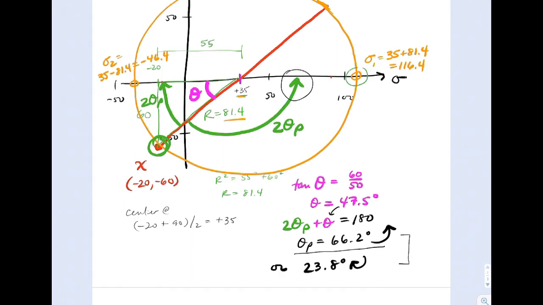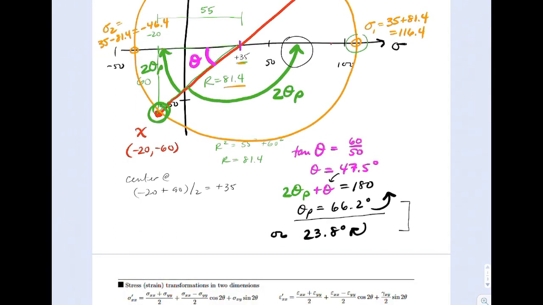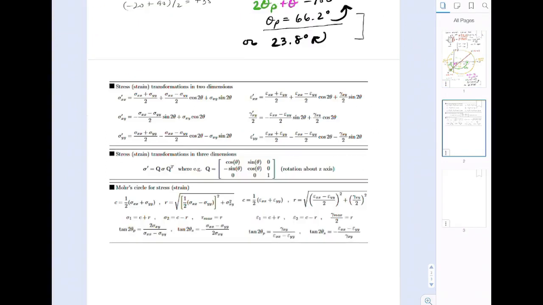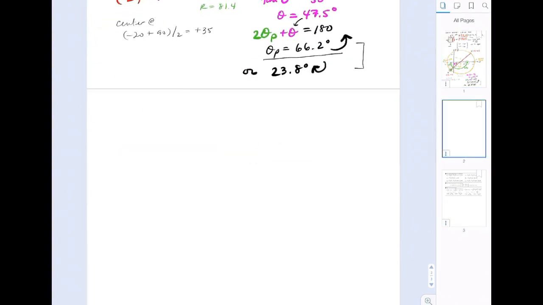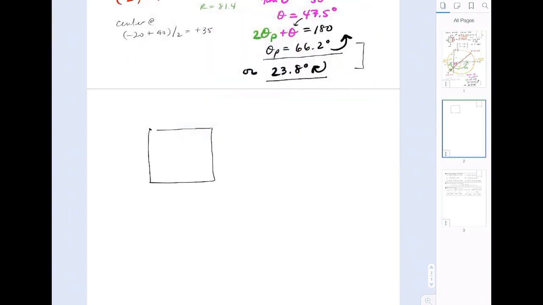So at this point, I'm going to go ahead and draw our answer. We're going to draw the rotated stress blocks. Let's give ourselves another piece of paper here. So right here, I'm going to rotate that element 23 degrees clockwise. So there's the original, rotated. It's going to be sitting just like that now.